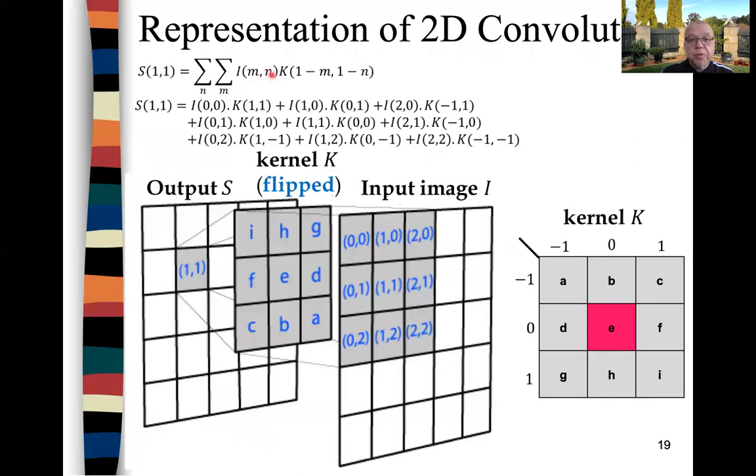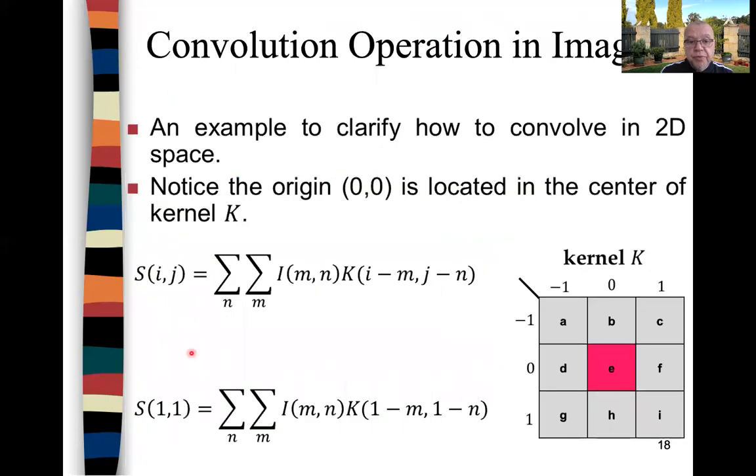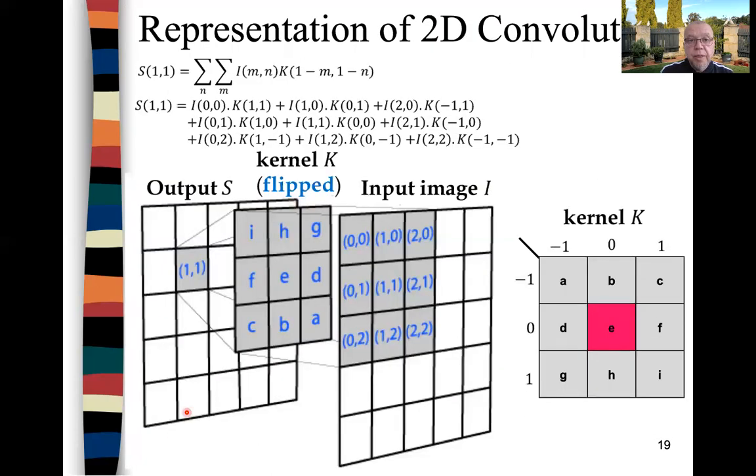So for S11, we replace i, j by 1, 1, and then we have this operation. This is because of the summation. So we're flipping the kernel.